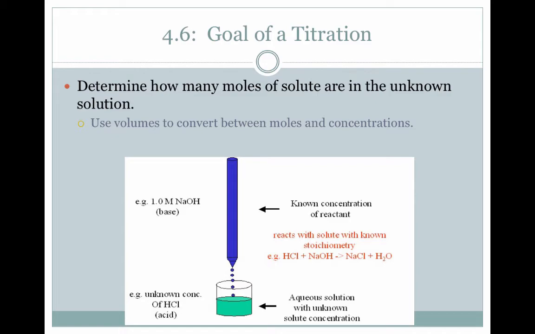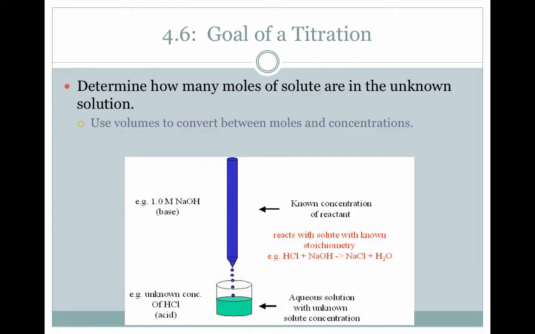Here's a schematic of a common acid-base titration. In this diagram, NaOH, which is our solution of known concentration, is placed in the burette at the top. This solution is known as our titrant or standard. It will then be slowly added in small increments to our solution of unknown concentration, in this case HCl.